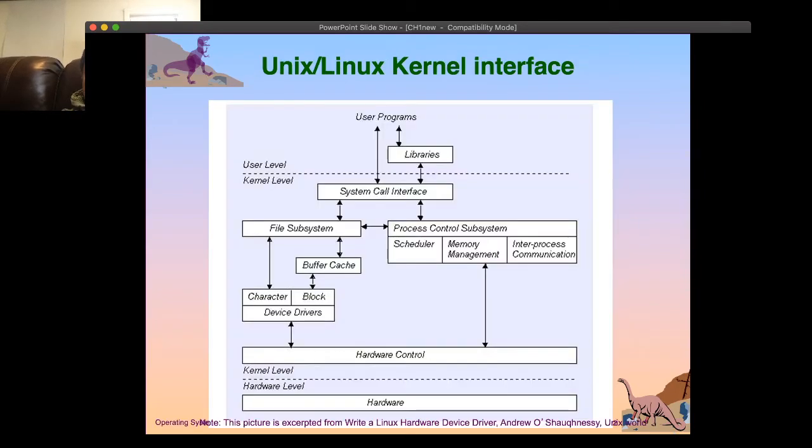Another perspective of the Linux or Unix architecture. From the previous slide, I showed you the layers of how the user interfaces to the application, then interfaces to the system call, and eventually talks to the kernel. Now, we show you the subsystem architecture as represented in Unix or Linux.